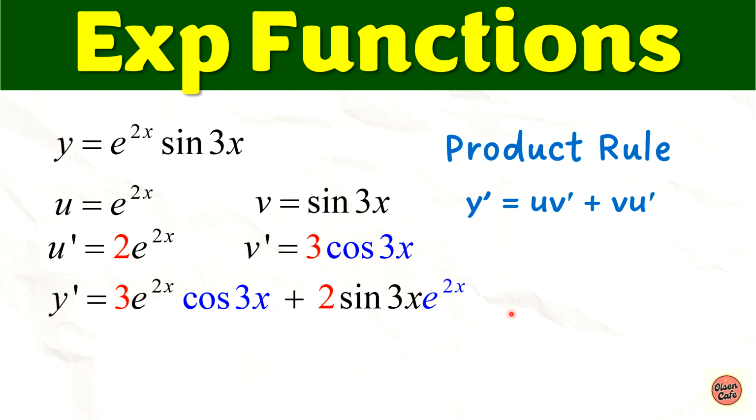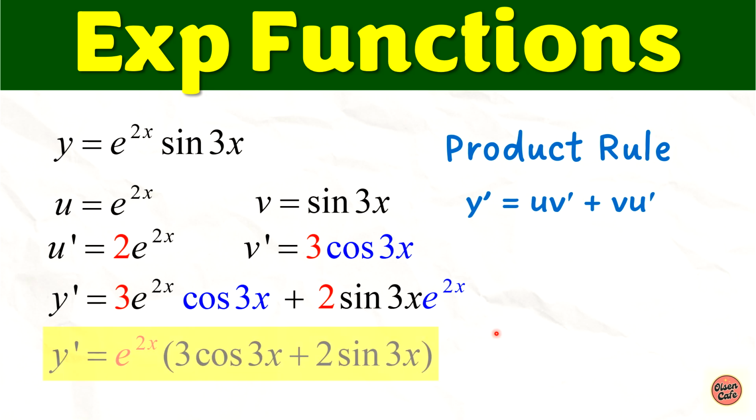Now, I can easily leave the answer like this, or I can simply factorize the common factor, which is the exponential function e to the power of 2x, and this will give me this times brackets 3 cosine 3x plus 2 sine 3x. So this will give me the answer very easily.